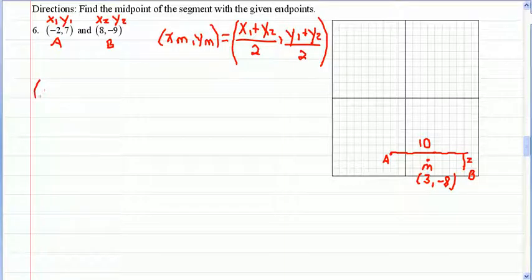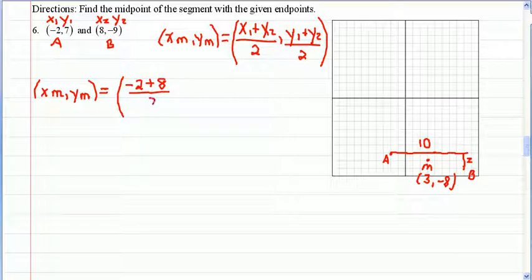So to find the midpoint, I take my values and plug them in. x1 is negative 2, x2 is 8. I divide it by 2. And then y1 is 7, y2 is negative 9, and then divide by 2. Close my parentheses.